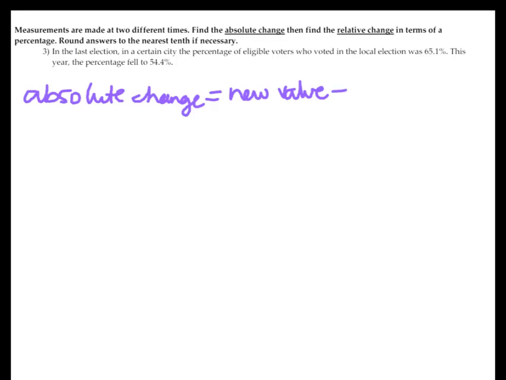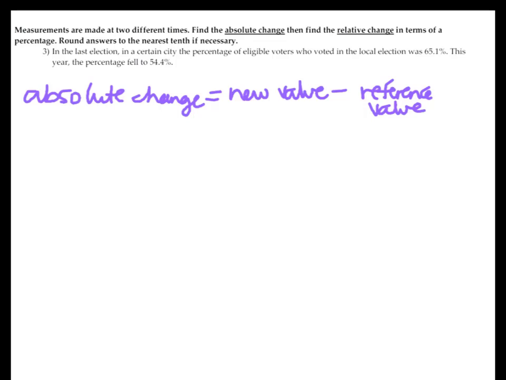So to find the absolute change, we should know that it is the new value minus the reference value, right?